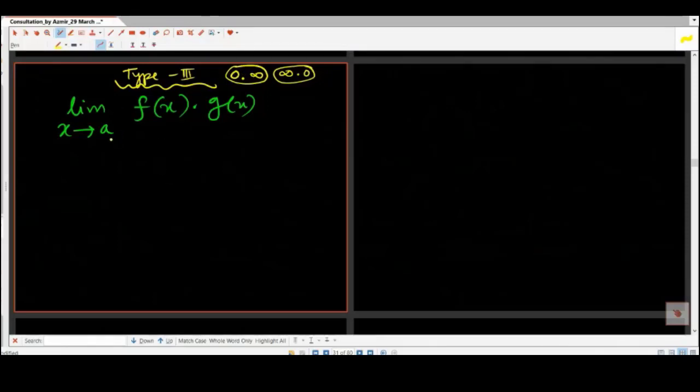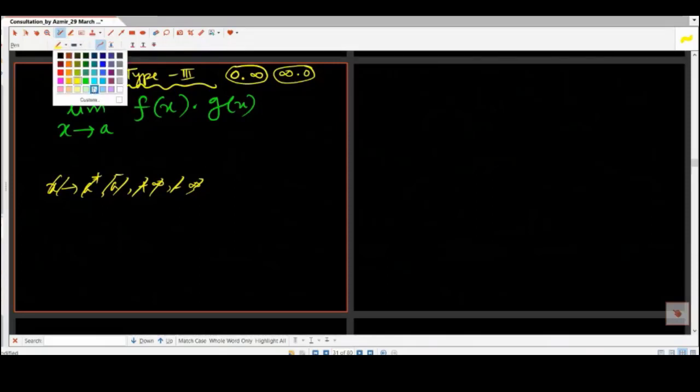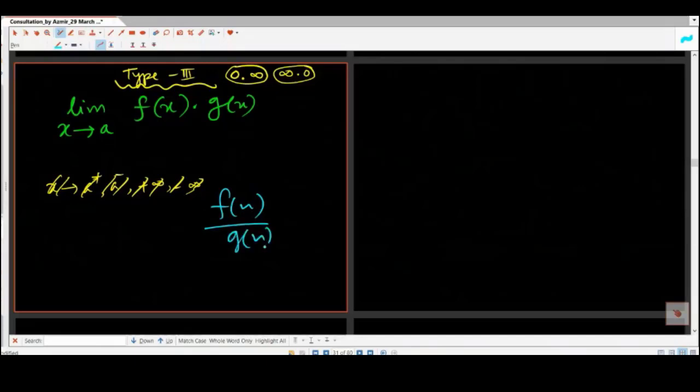I have mentioned that x tends to a can also be x tends to a plus, a minus, plus infinity. It can be negative infinity also. So it depends. Initially, we have to check what the type is. This time, we don't have f of x over g of x form. We have f of x times g of x form.